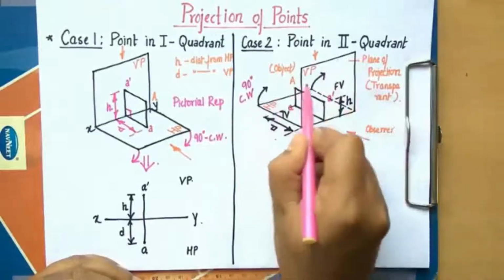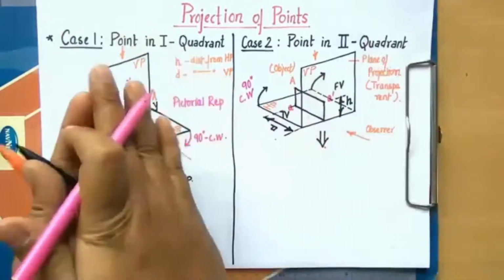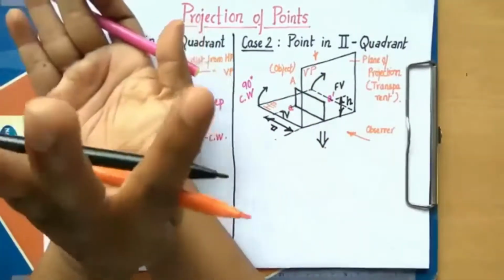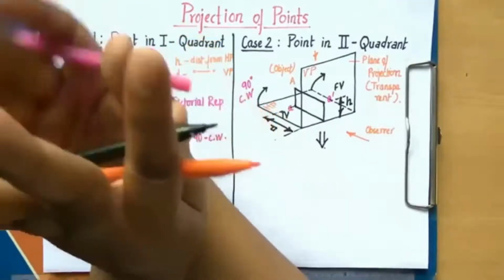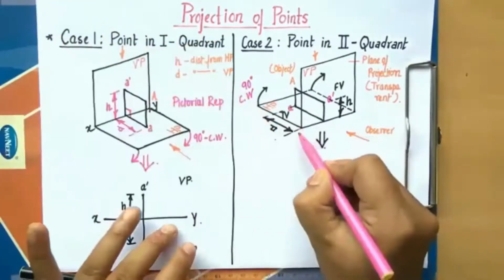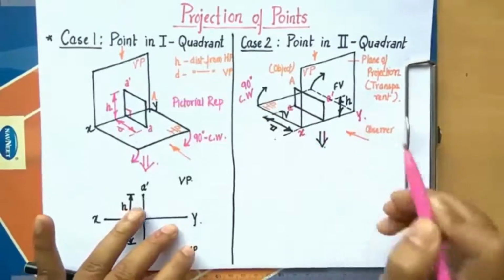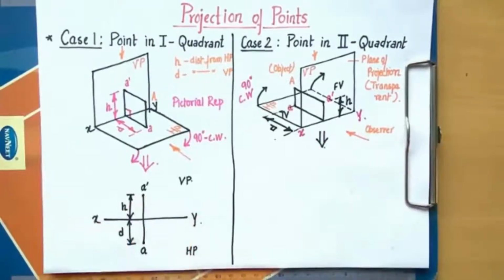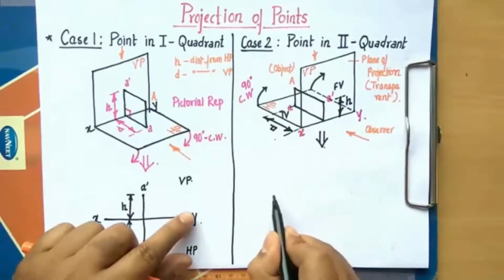This vertical plane and this horizontal plane, both of them are going to overlap. All right, something like this. This horizontal plane is going to be overlapping with this vertical plane above this so-called XY line. So you're going to end up having something like this.